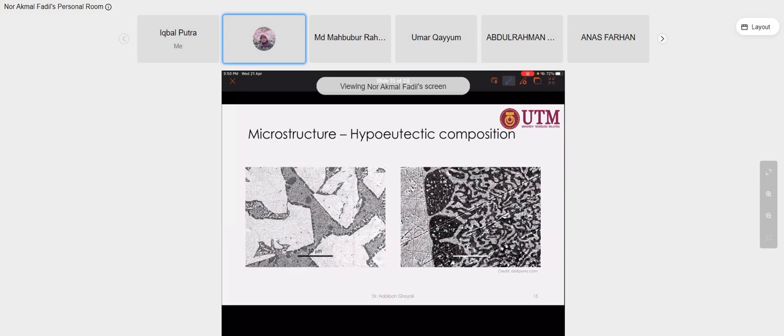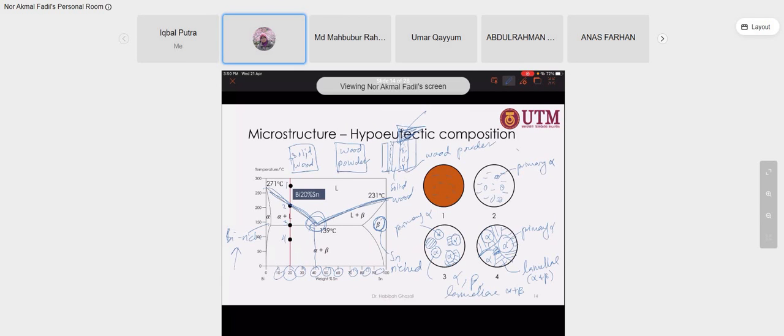For this kind of alloy, hypoeutectic composition, if you have bismuth and tin composition, hypo is this alloy that lies in the region to the left side of the eutectic.